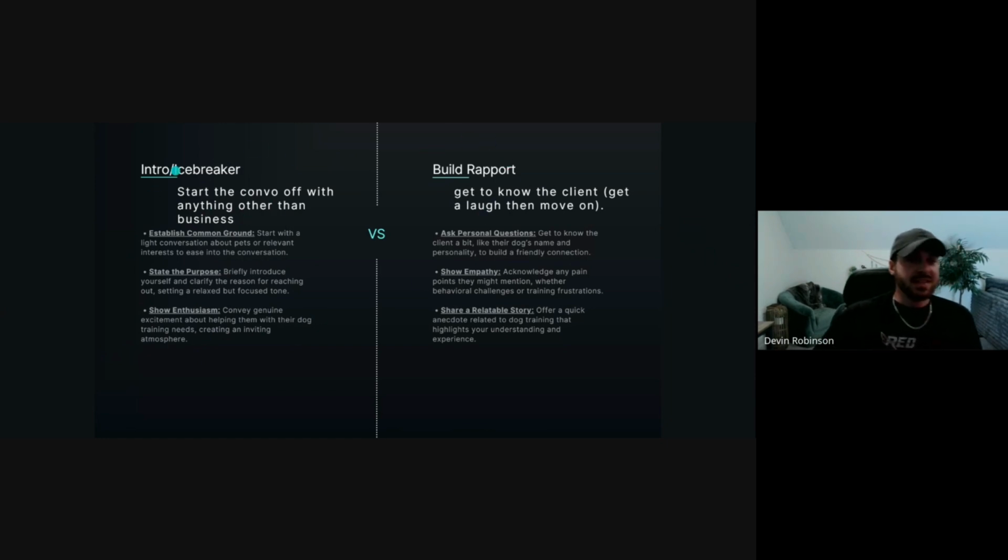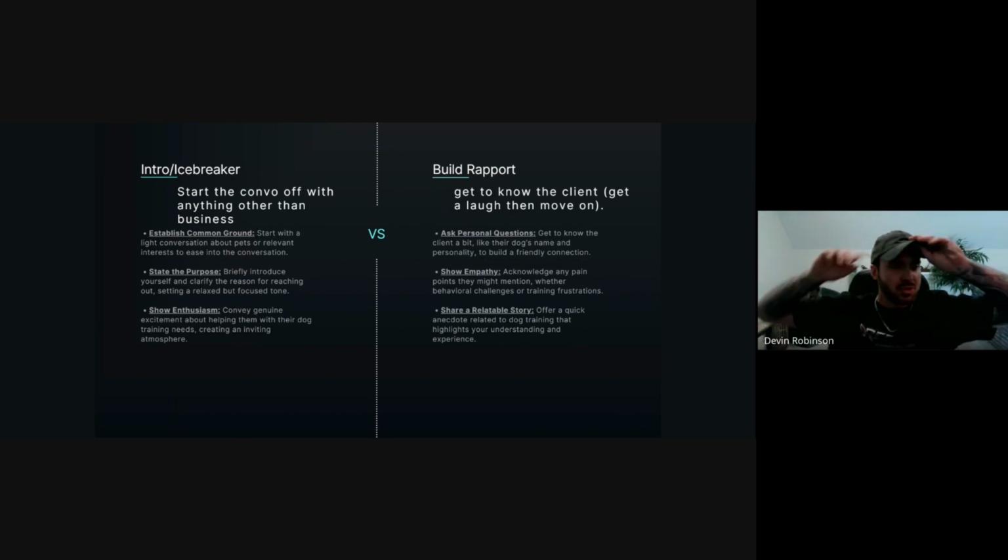After icebreaker, these two kind of flow right into each other, right? If we're doing a good icebreaker, we should flow right into building rapport. The icebreaker almost is going to be building rapport for us. So if we're not getting those laughs, we can start to ask them a little bit more personal questions. We can start to talk about their dogs, why they got a dog to begin with, what their goals are with their dogs, what they like to do.